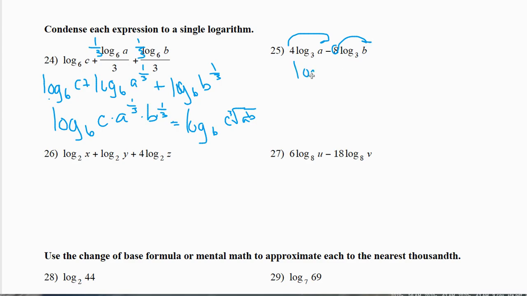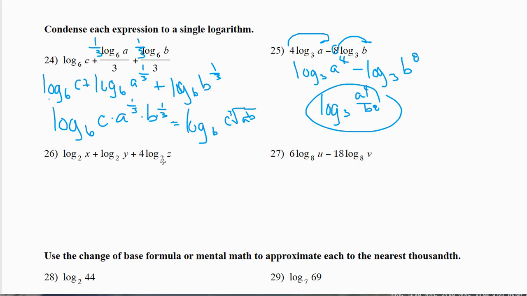All right, so again, we move this to the exponent first. So we have the log base 3 of a to the 4th minus log base 3 of b to the 8th. And then because we are subtracting, we are going to divide, and the logs are the same, so the log base 3 of a to the 4th over b to the 8th.